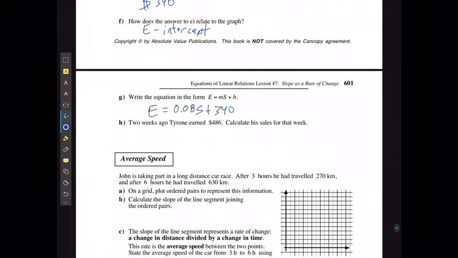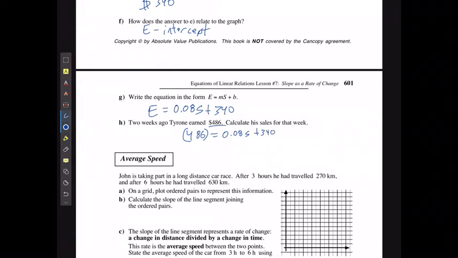And 2 weeks ago, Tyrone earned $486. Calculate his sales for that week. Well, 486, which is his earning, is equal to 0.08 S plus 340.